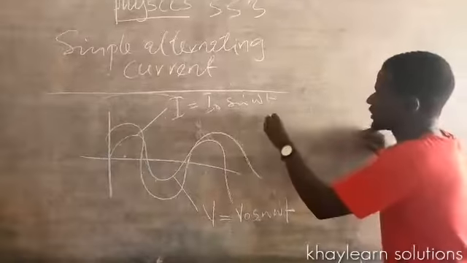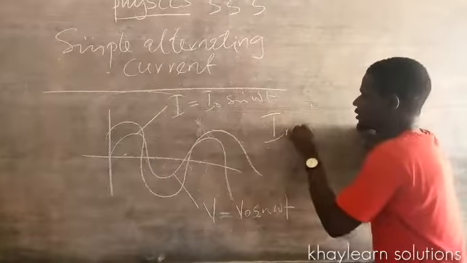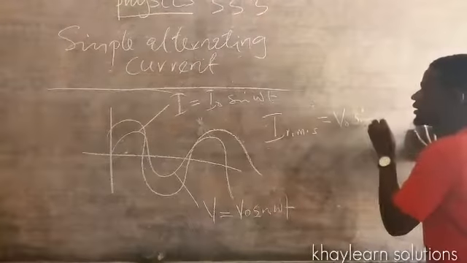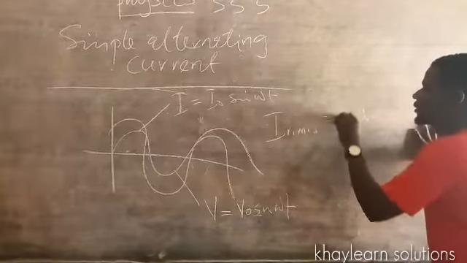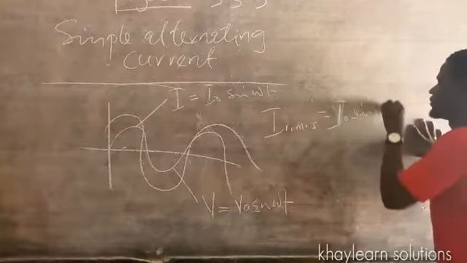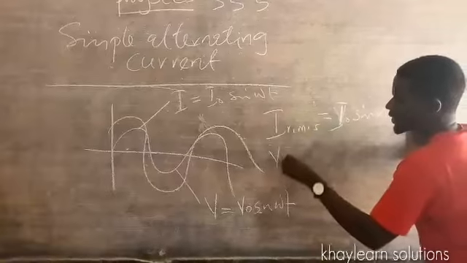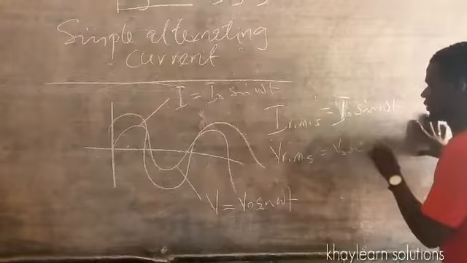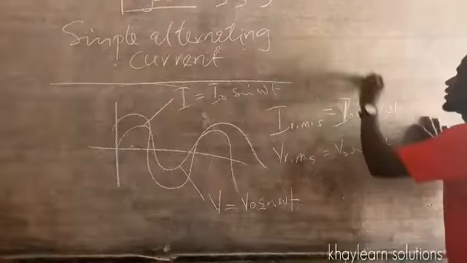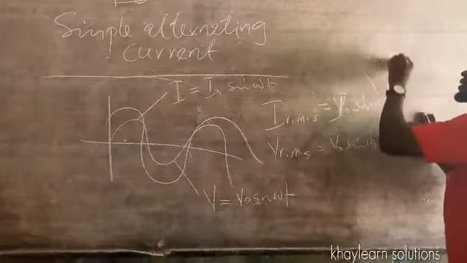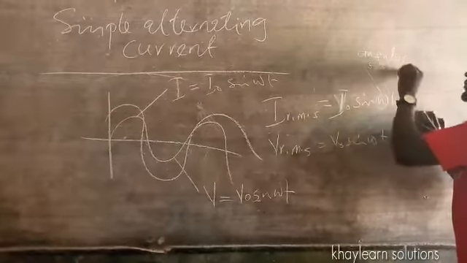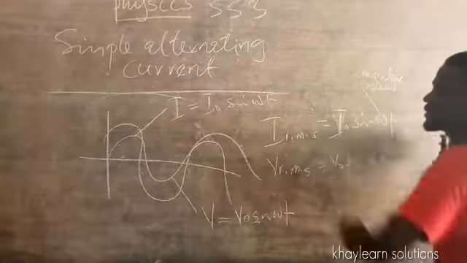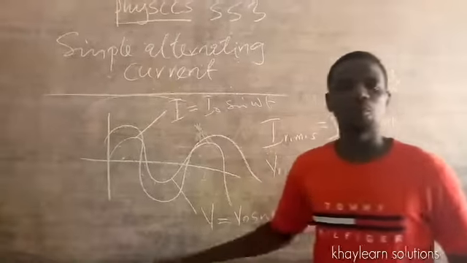So in a nutshell, the current will be I naught sine Wt, and the voltage will also be V naught sine Wt, where this W is the angular speed of the current, being a circular movement, and this t is the time taken to reach some distance from the mean position of the movement of the current.